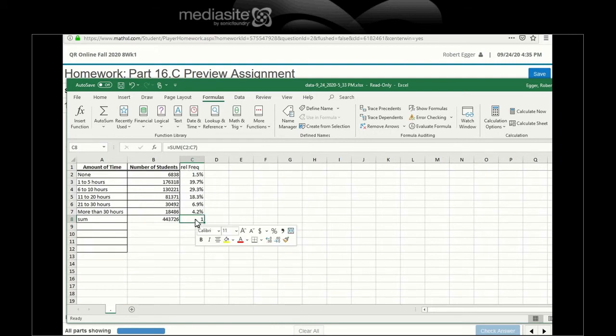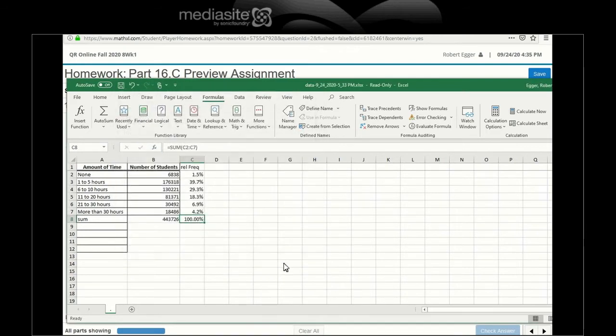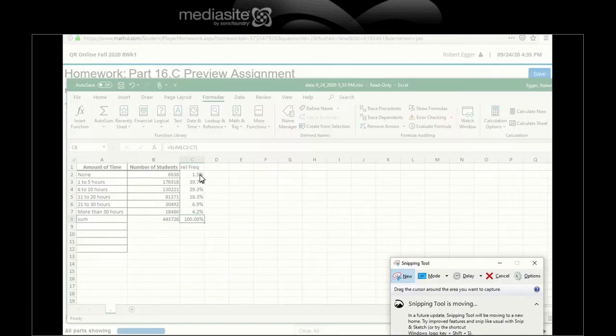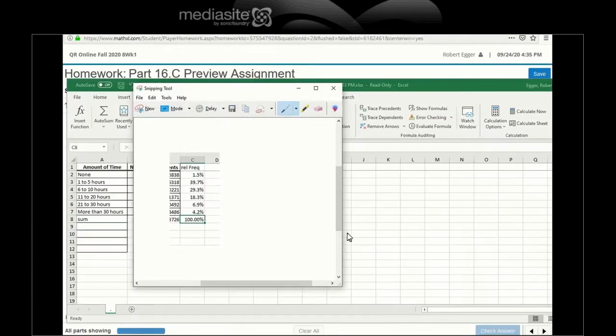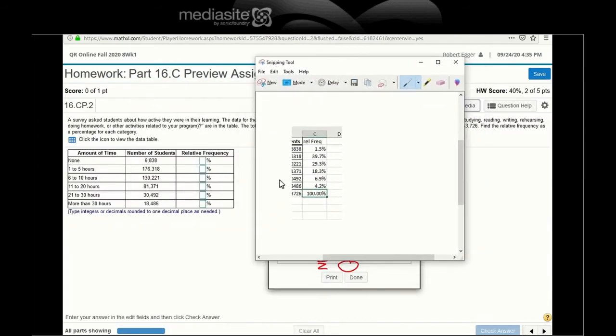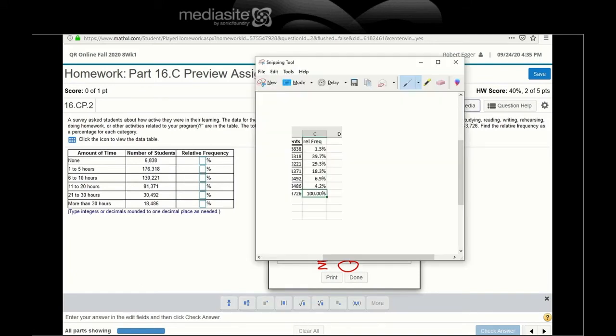Oh, it wasn't formatted right. There we go. Alright. So another kicker is going to be to recopy that down. There we go. It behaves, kind of. So first percentage is 1.5.